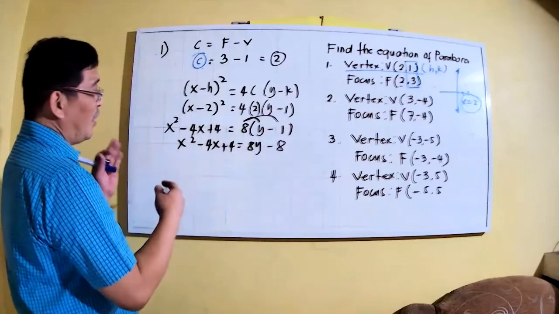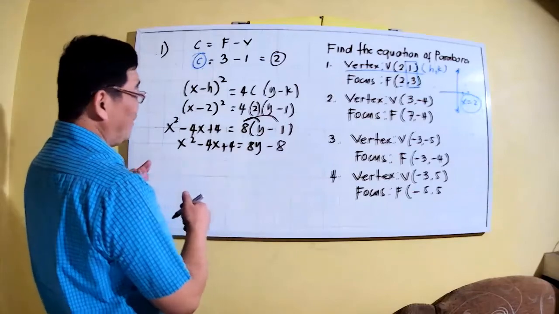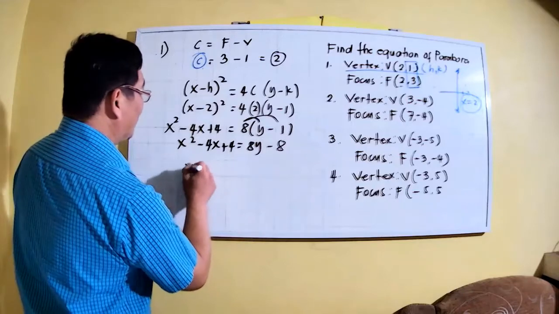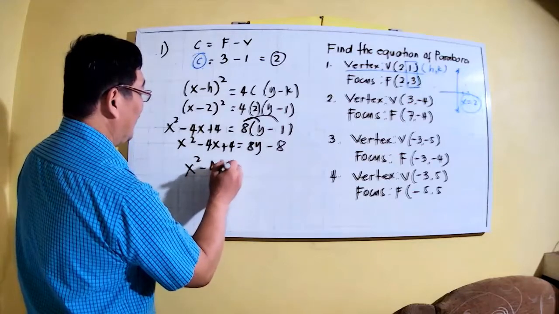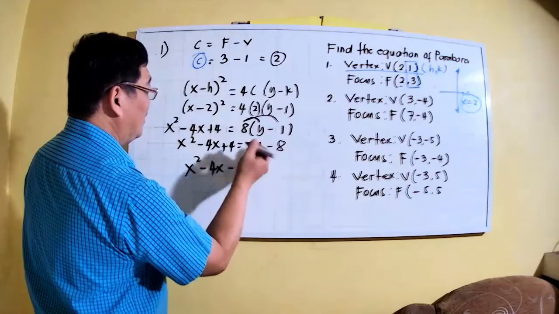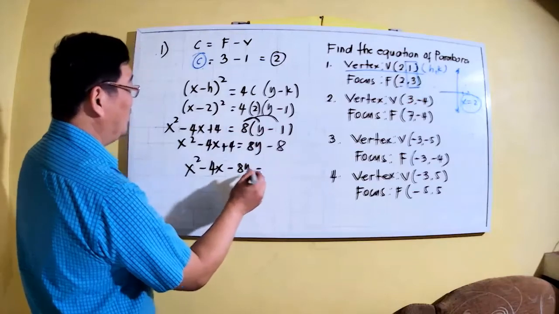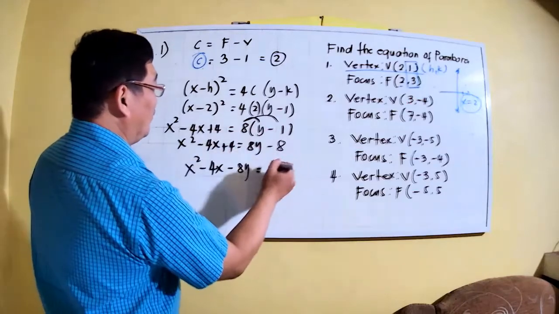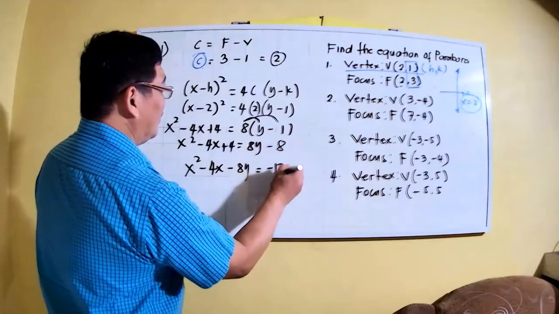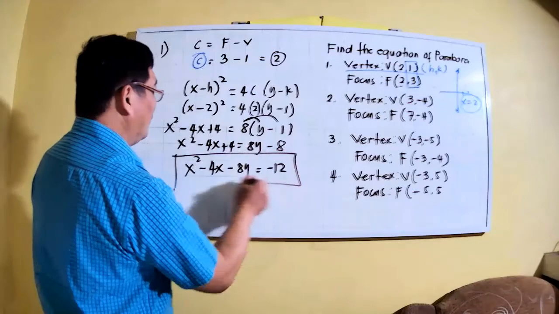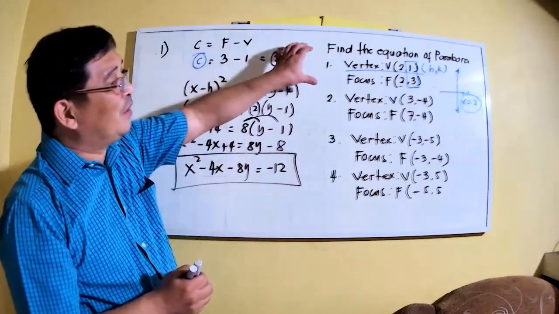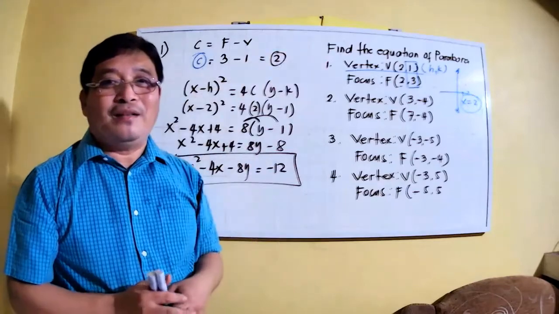And then transfer the x and y here at the left side of the equation and the constant at the right side. We have here the x squared minus 4x minus 8y, transpose 8y is equals to this positive 4 will become negative 4. So negative 8 plus negative 4 is equals to negative 12. So we have the equation of number 1 given without even graphing it.